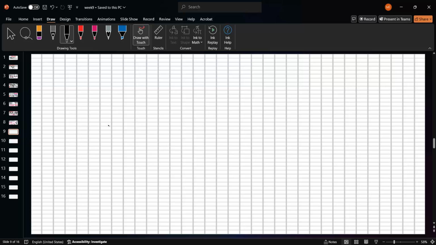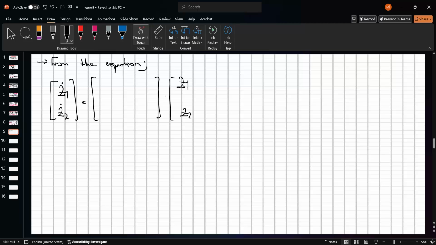Okay. So, from the equation, we can write this form, z1 dot, z2 dot, which is equal to what? We have 2 times 2 matrices, that also z1 and z2, plus we have the 1 matrices in here with the what?